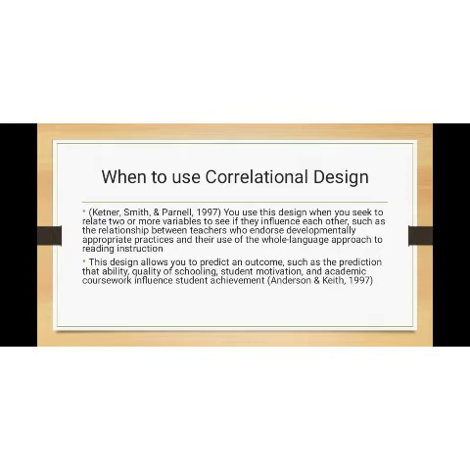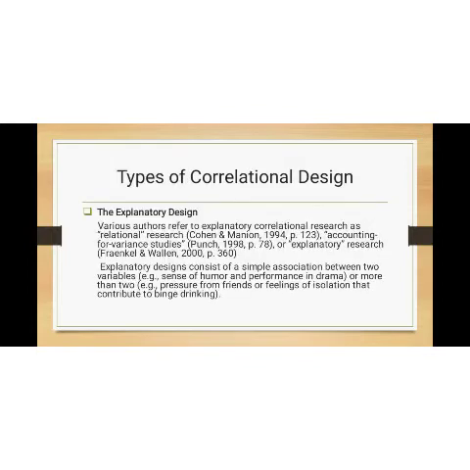And according to Anderson and Case, 1997, this design allows you to predict outcomes, such as the prediction that abilities, school quality, students' motivation, and academic courses affect students' achievement.